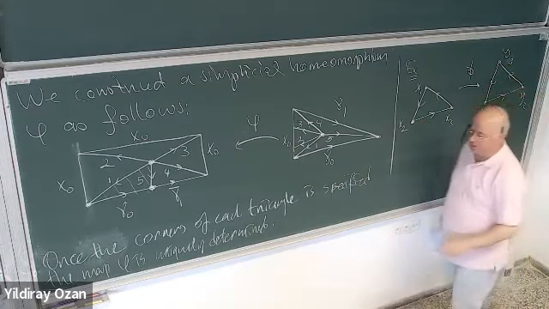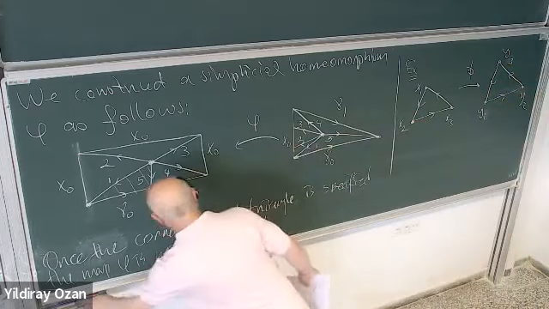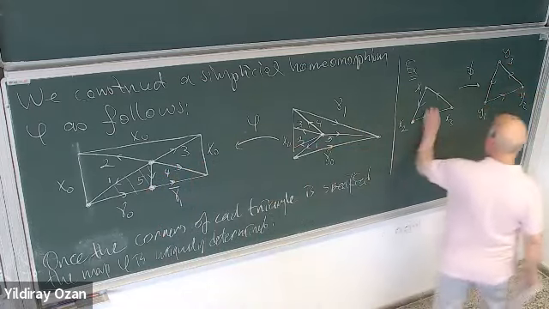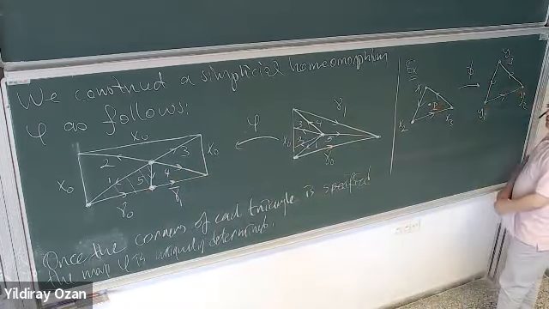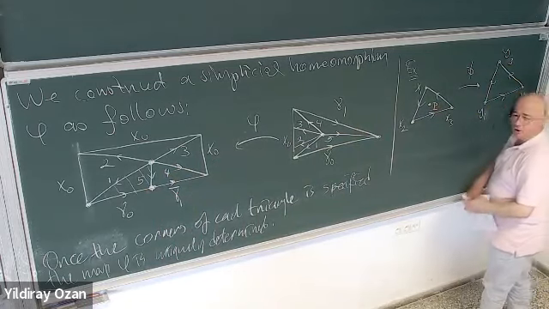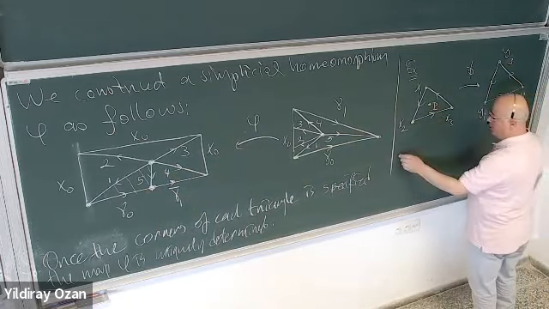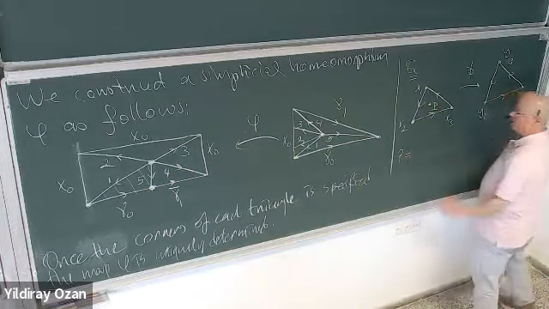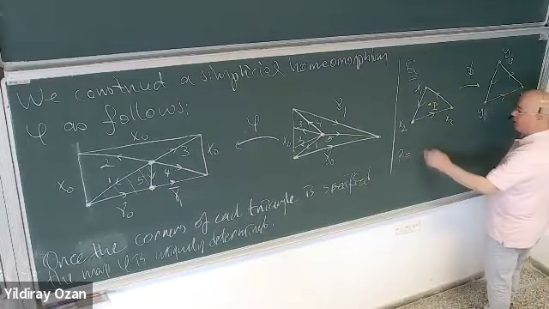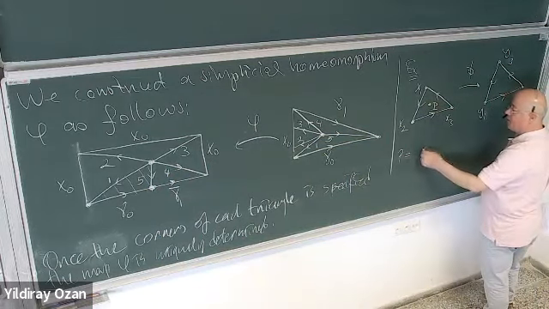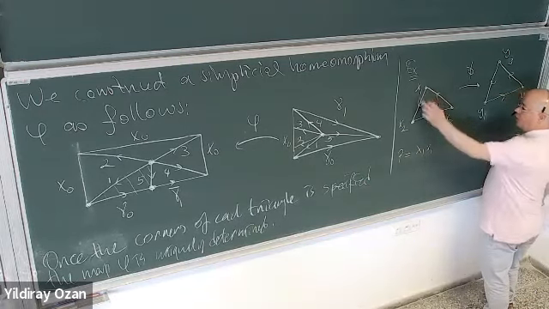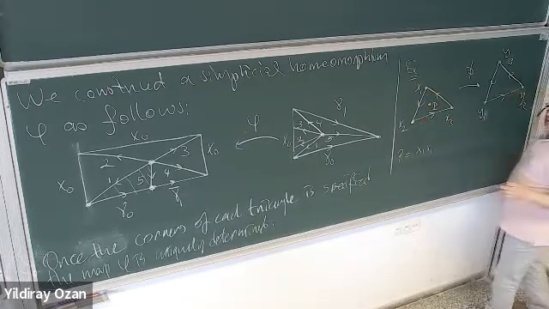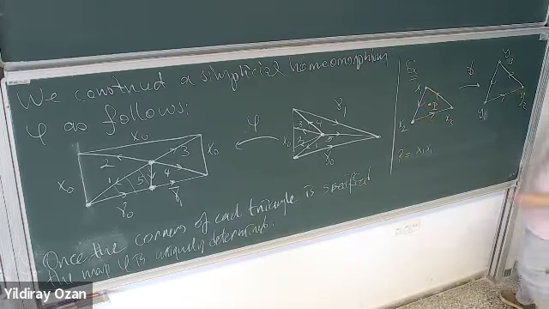Okay. Now any point here in this triangle, any point P, has so-called barycentric coordinates. So this P can be written in a unique way as follows. This is just lambda 1 times x1. So I just considered x1, x2, x3 as points in the plane.